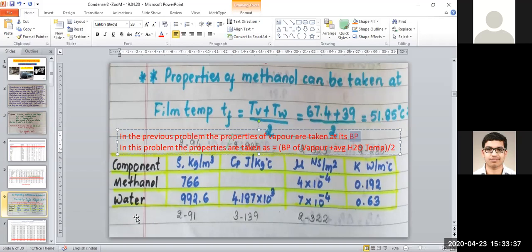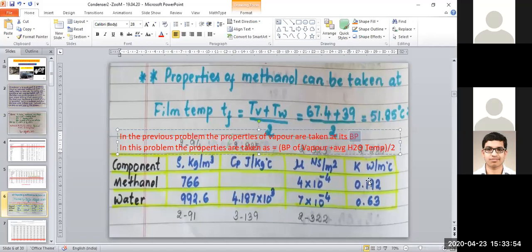So therefore, you can make one more column over here. This is the methanol property at 51.85. So this is the methanol property at 51.85. So you can make one more column here, methanol property at 67.4. I'll show it here. So write it here only.